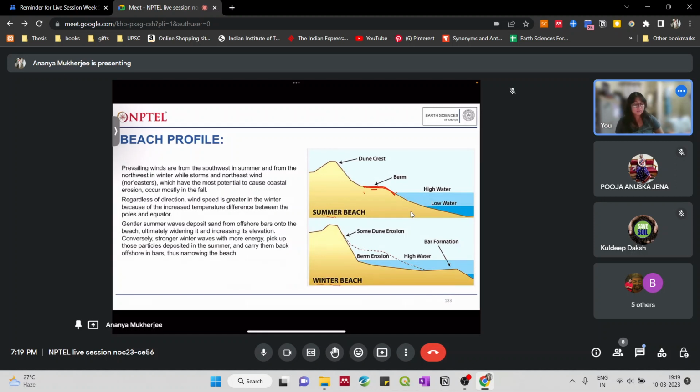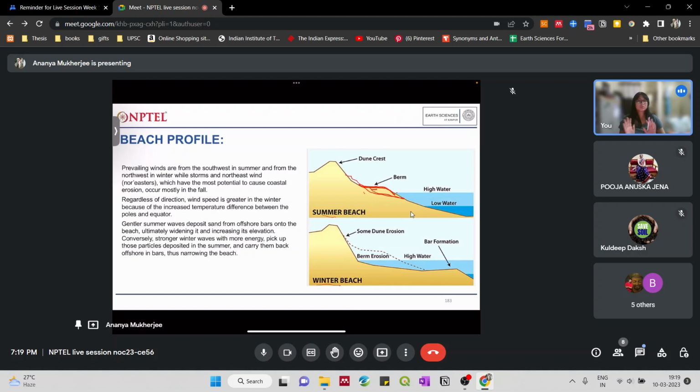In summer there is going to be more deposition, whereas in winter there is going to be more erosion. The first thing that will get eroded is this berm part. Some part of the dune will also get eroded, and the water levels are usually high. So this is a beach profile with respect to the changes in the season.